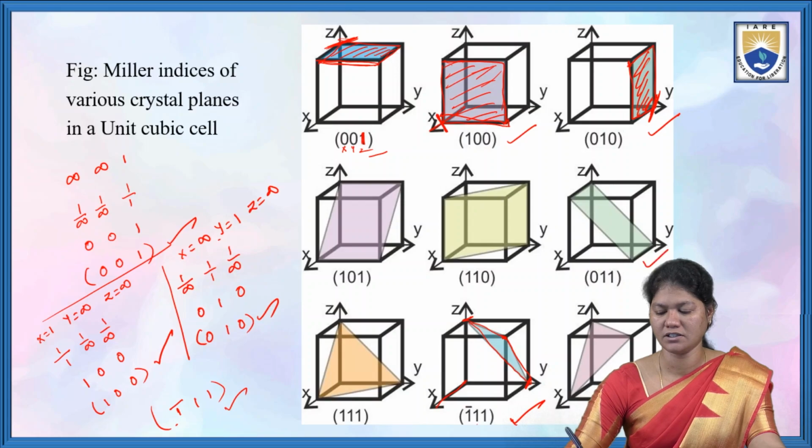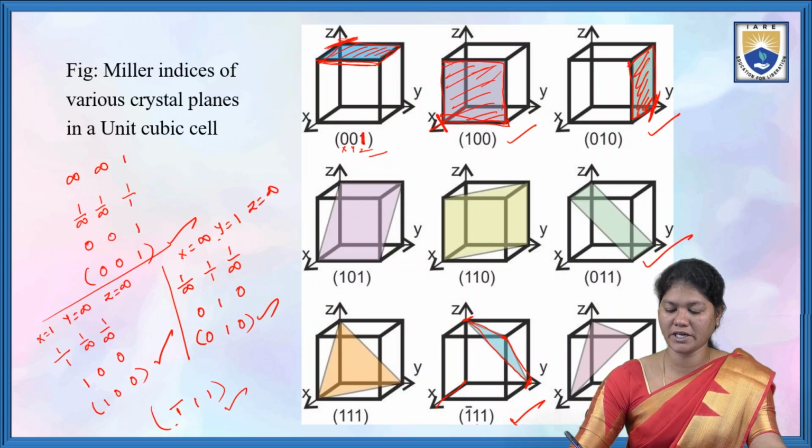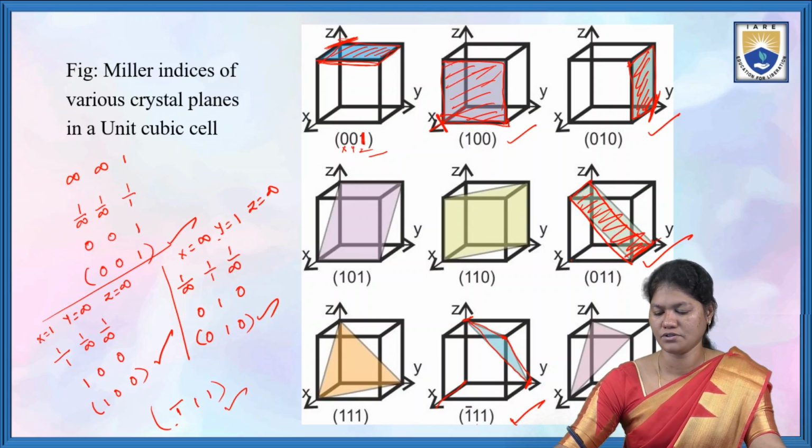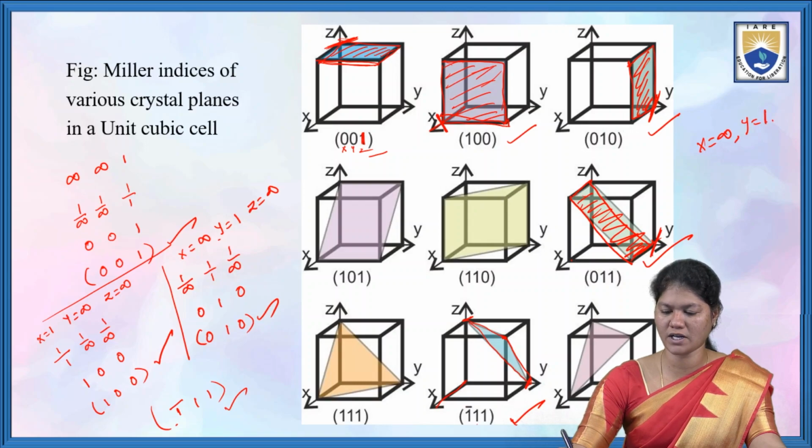We can take this 0 1 1 plane. In this 0 1 1 plane, on the x axis there is no interception, so infinity. On the y axis the interception is 1, and on the z axis there is an interception, so 1.